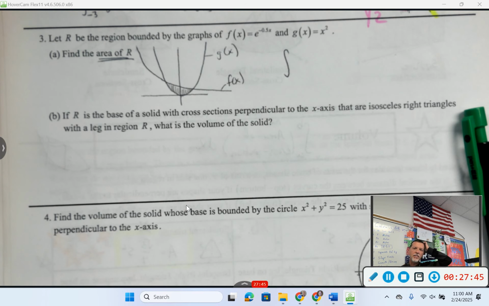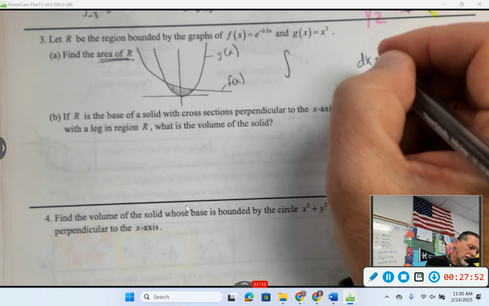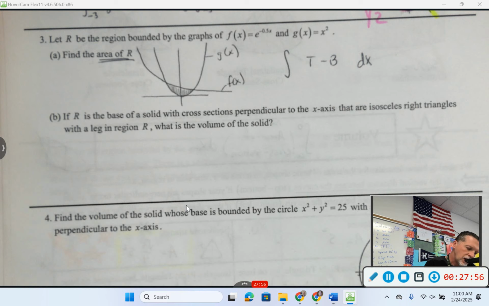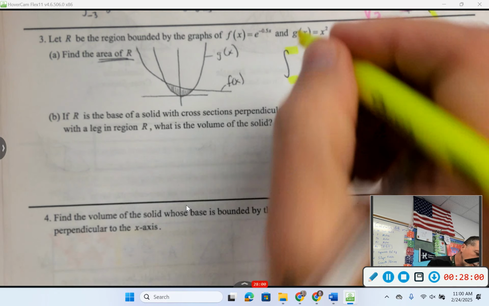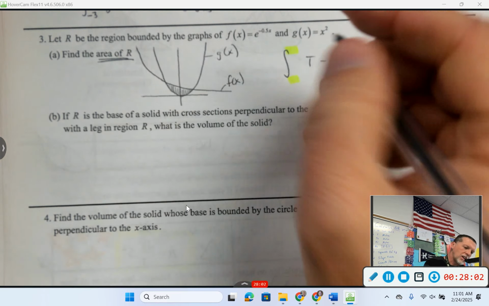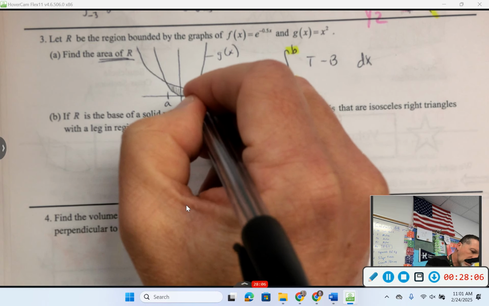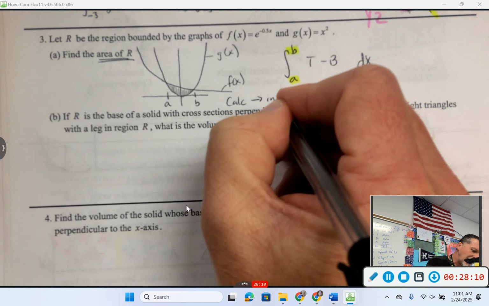Is this a dx or a dy problem? Dx. So top minus bottom. The trouble for this one is I don't know where the limits are. So how will I find A and B? Not guess and check.